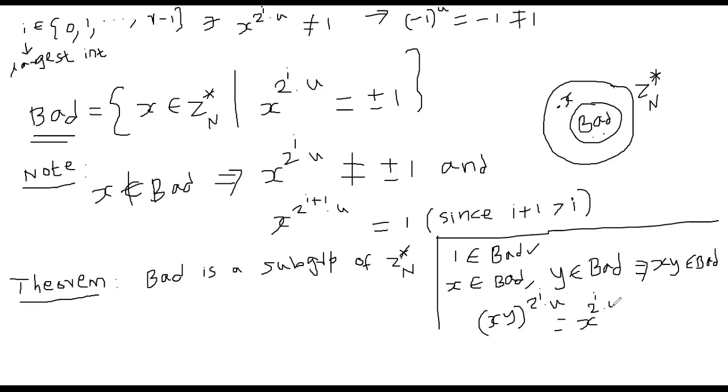I'm not writing mod n again and again. And clearly, we said x and y are part of BAD, which means each component is plus or minus 1. Multiplying plus or minus 1 by plus or minus 1 gives you again plus or minus 1, which means our xy is also part of BAD, which means the set BAD is closed. So we found out BAD is closed, BAD is non-empty, and 1 belongs to BAD. That's enough to say BAD is a subgroup of Z star n.